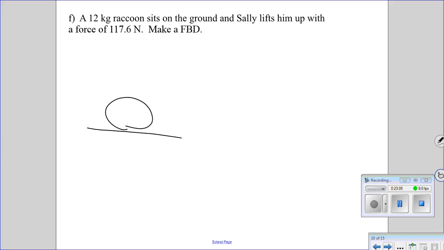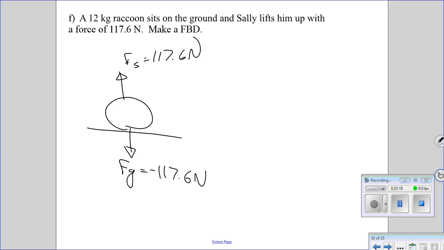Check it out. Here's all that's going on in F. Gravity's pulling the raccoon. I don't know why I changed the dog to a raccoon. And then Sally lifts up with 117.6 newtons. Now, technically speaking, that's not enough to lift the raccoon, but what she's effectively done is taken all of the weight off of the floor.